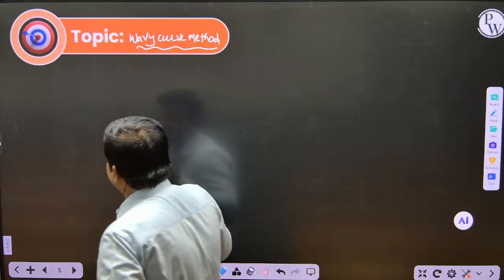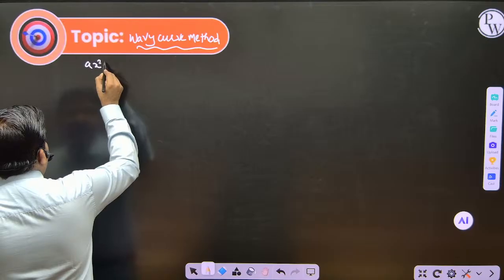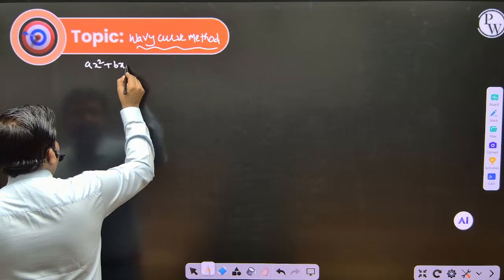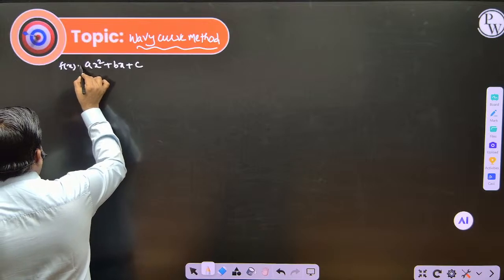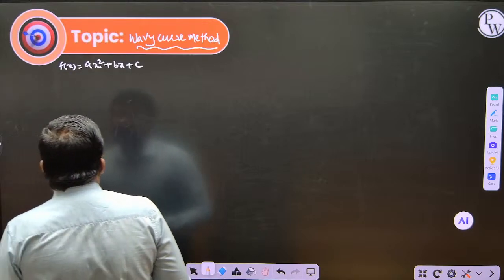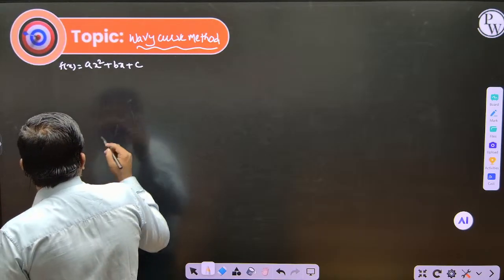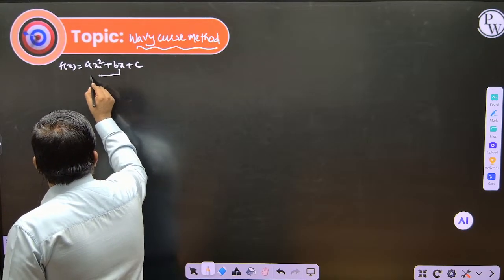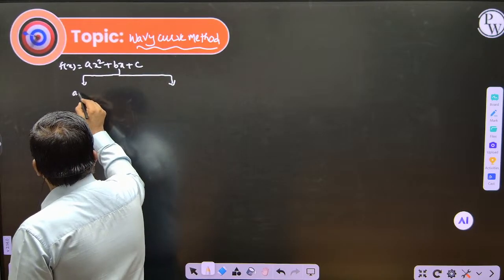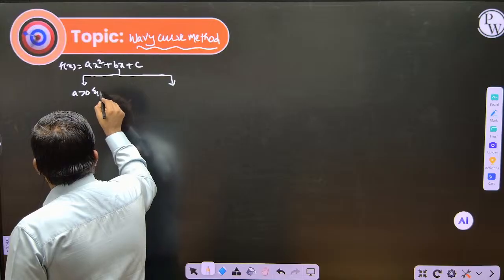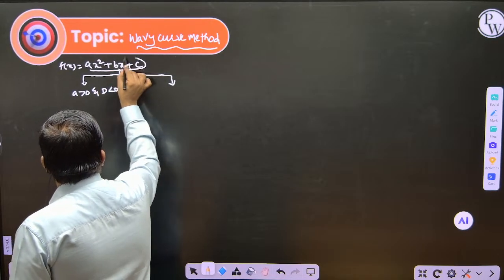Before going to this, one thing you remember here: ax square plus bx plus c is a quadratic expression. In this expression, if a is positive and discriminant is negative, this is which expression?